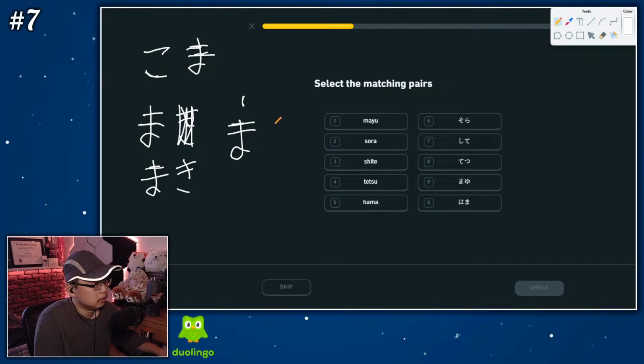Yu. Oh boy. The U is not yu, right? Sora.